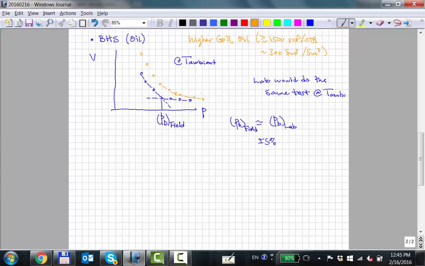So you can't see any break point, any discontinuity. Okay, so that's the deal. And it's also usually at a higher pressure, so you can't really visualize this break. So it doesn't help.